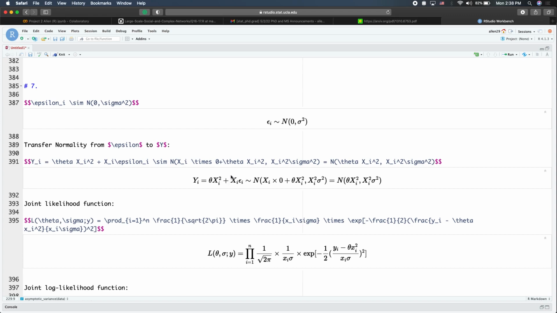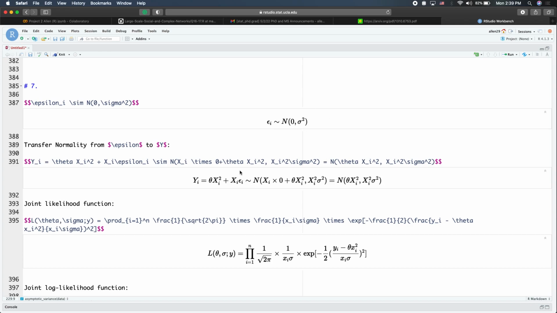We multiply by xi, so we have xi multiplied by 0 as the mean, which is again 0. Then we shift the mean by theta multiplied by xi squared, resulting in a mean of theta xi squared for the normal distribution, which we inherit from epsilon i.